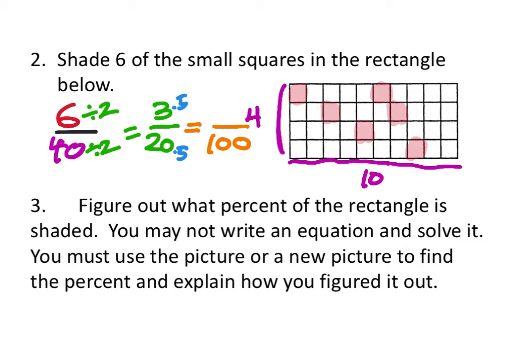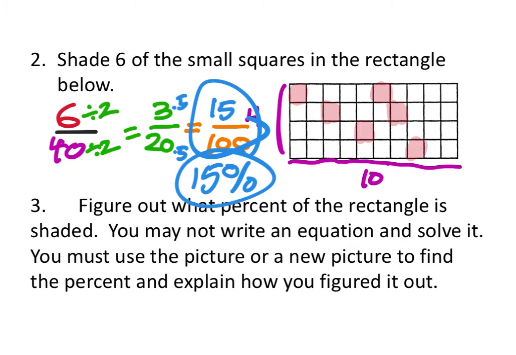But if I do it to the denominator, in order to not change the value of the fraction, I must do it to the numerator as well. So I'd multiply the 3 by 5 and get 15 right there. Now this fraction, 15 hundredths, is really a percent, 15%. And that would be the percent right up in here, okay?